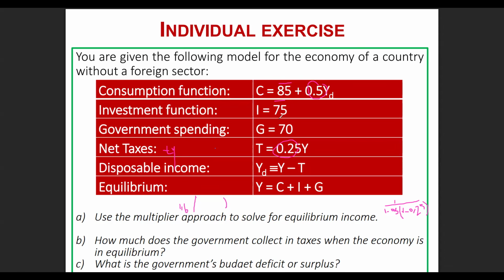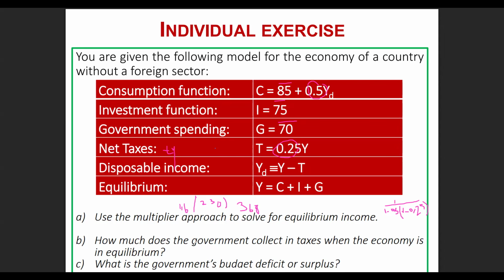Government expenditure is also autonomous, so plus 70. I'm getting 230. So 1.6 times 230, you're getting 368. So your equilibrium income is 368.